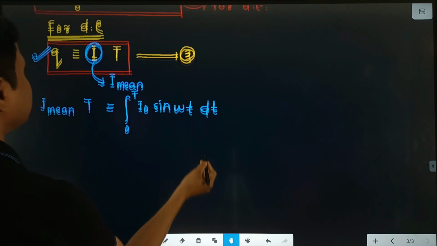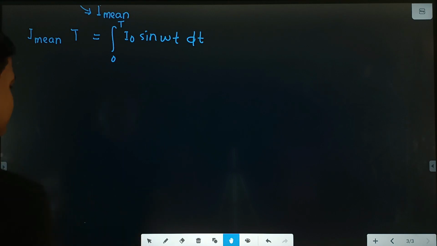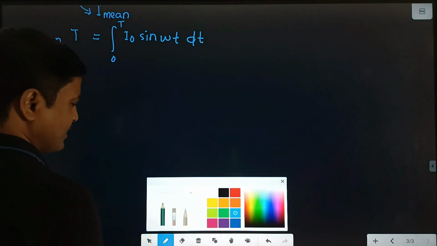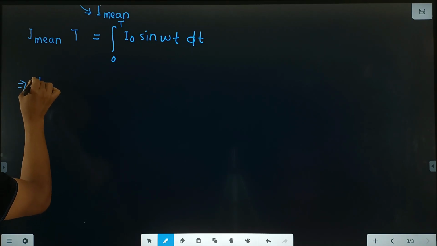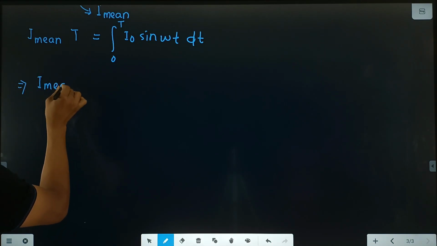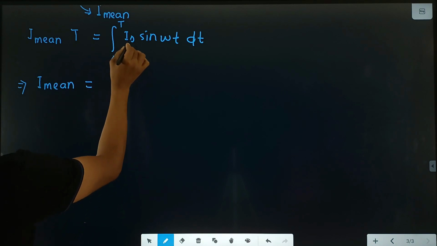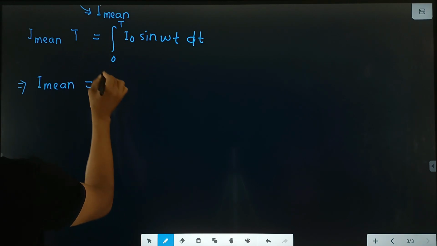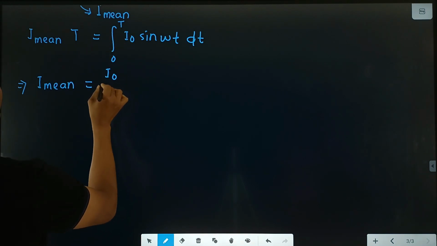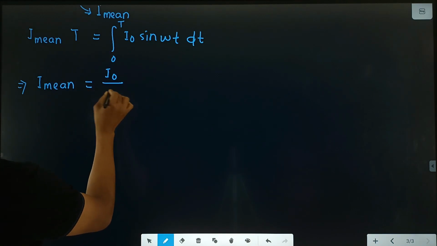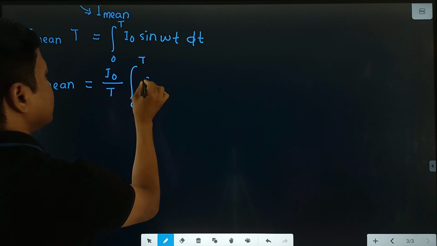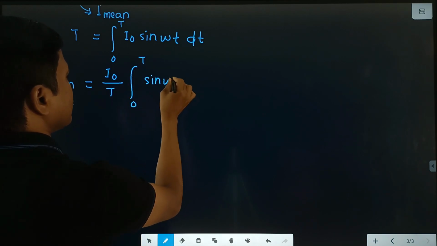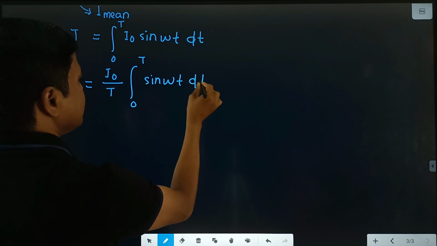Clear? And from this equation we will calculate I mean, or average value or mean value. That implies I mean is equal to, we take I0 out of the integration, and we take T to the right hand side, that is I0 by T, integration from 0 to T of sin omega t dt.